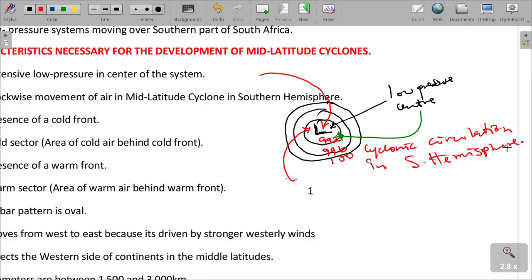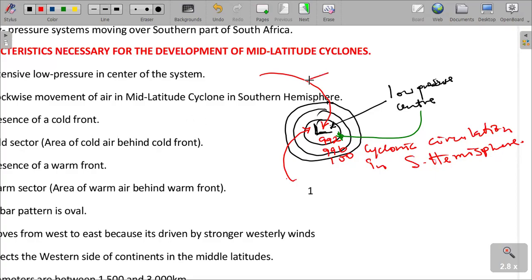Because at one other time you might be asked to demonstrate that cyclonic air circulation, or it can be given that you need to know whether it is southern or northern hemisphere. So the Coriolis force in the southern hemisphere deflects the air to the left, which results in a clockwise circulation, or clockwise movement of the air. That is shown by the arrows that I have shown you here.